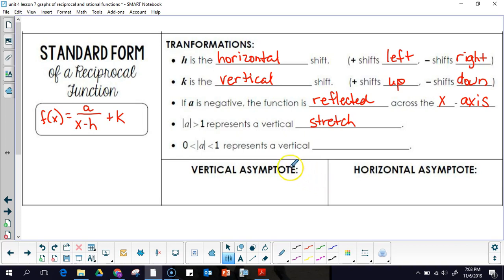And if the absolute value of a is a fraction, that represents a vertical compression. The vertical asymptote is x equals h. The horizontal asymptote is y equals k. So whatever the h is, that's the vertical asymptote. k is the horizontal asymptote.